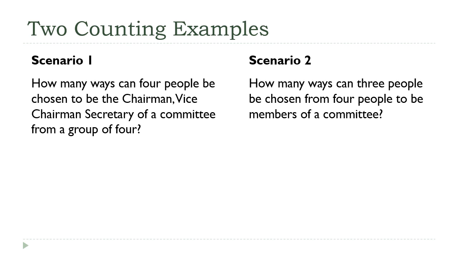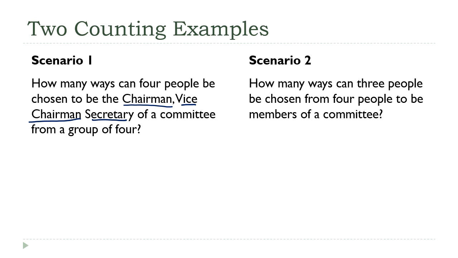In the first scenario, once I pull those people out, I'm assigning them to specific roles. One of them is going to be the chairman, the other the vice chairman, and the other the secretary. In the second scenario, I'm not doing that. All I need to do is grab these 3 people, and they're all, in a sense, equal members of this committee.